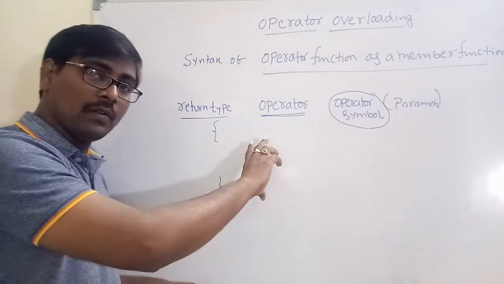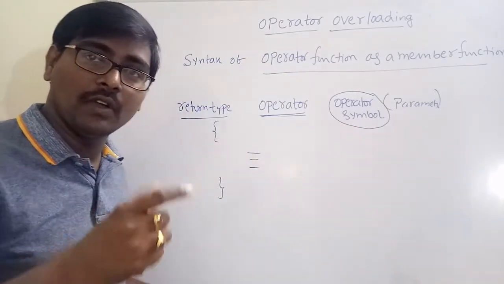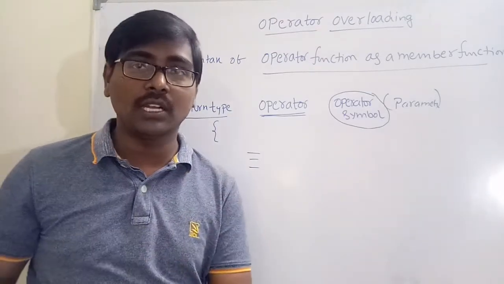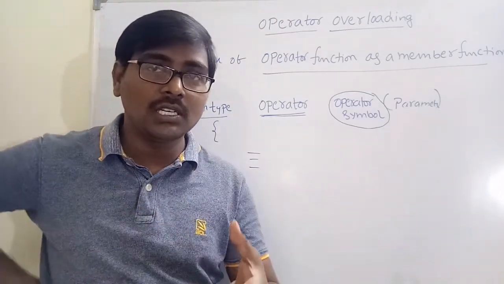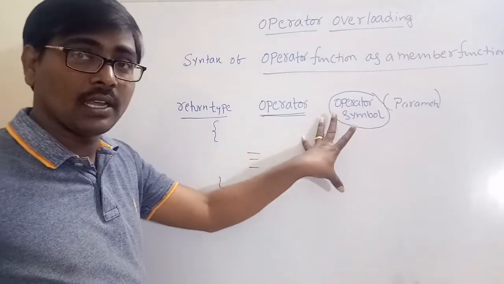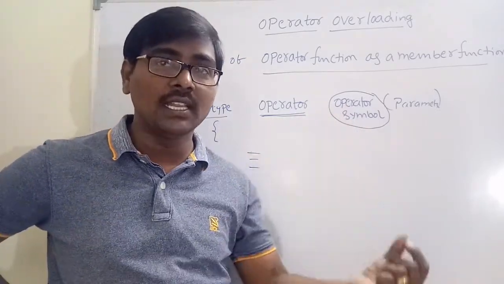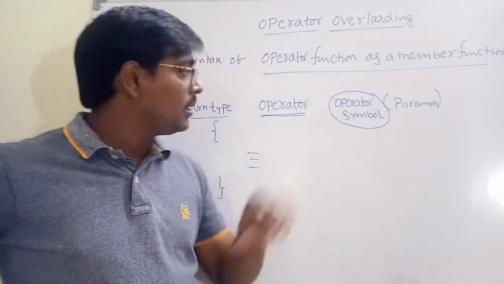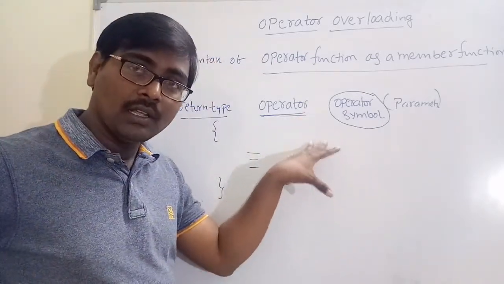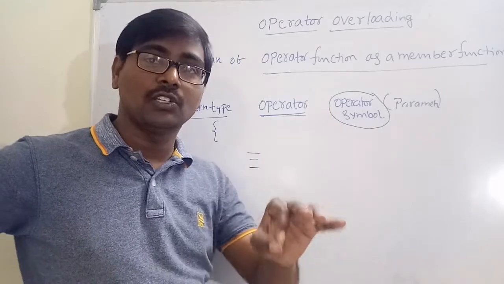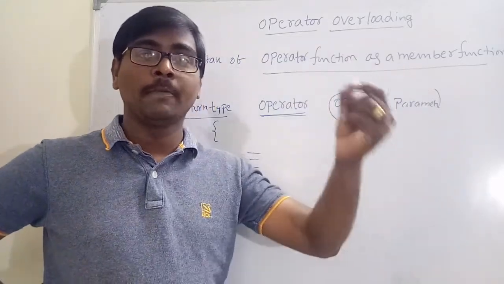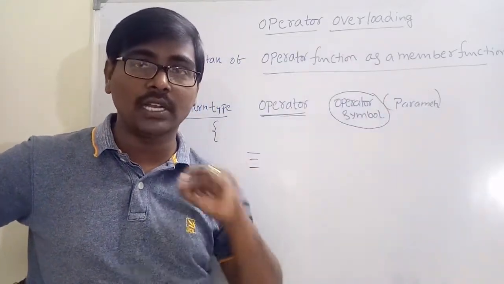Now, everyone knows member functions can be defined inside the class or outside the class. If the function is defined inside the class, this is the syntax. If it is defined outside the class, the declaration of the function is inside the class and the definition is outside.